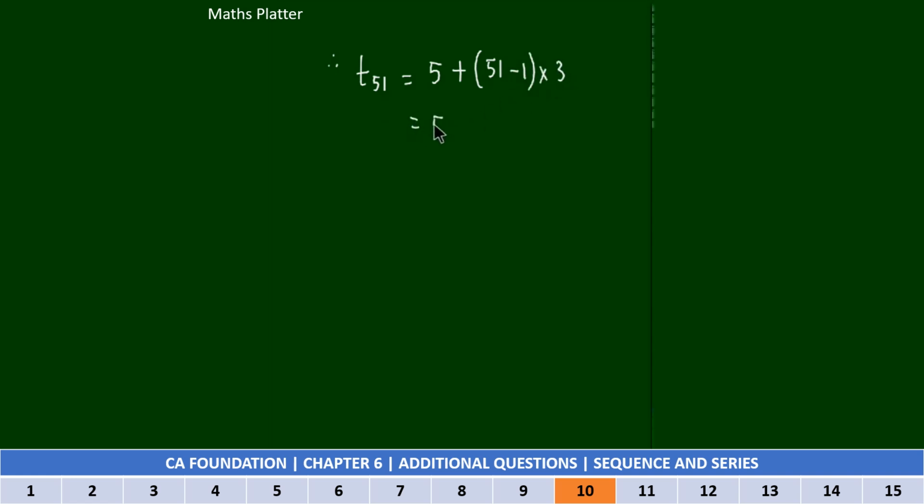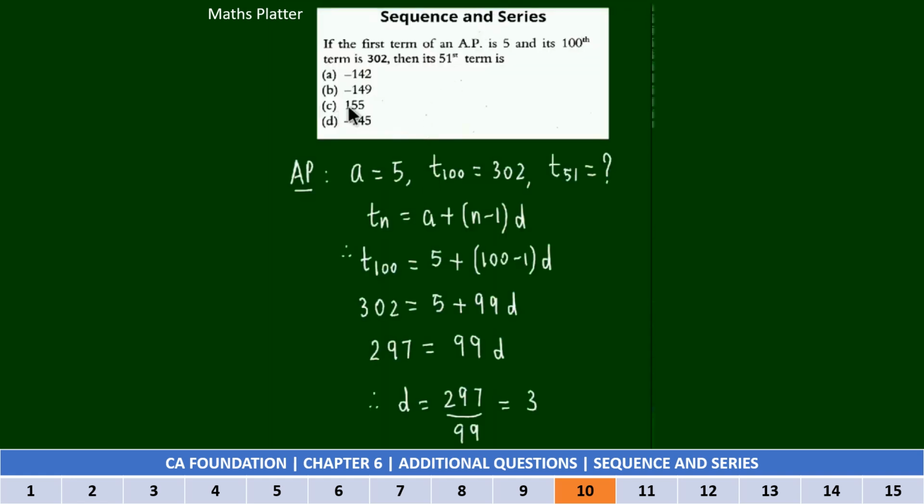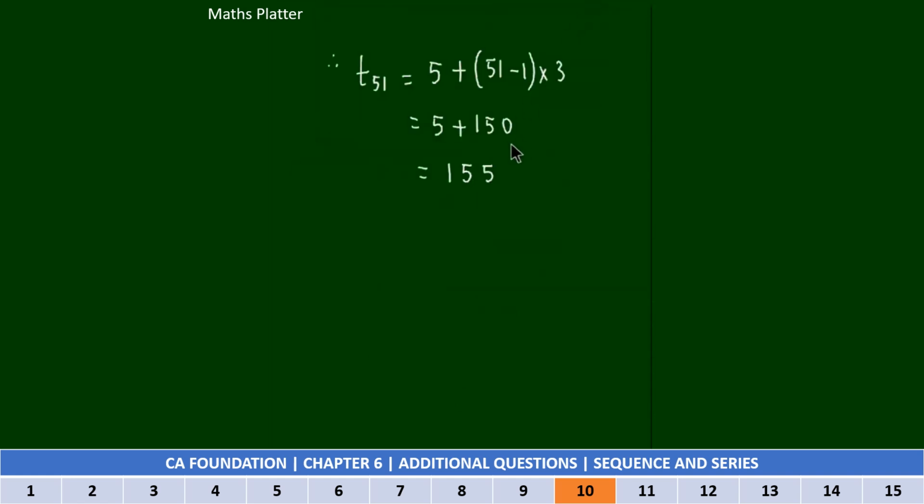So we have 5 plus, now this difference is 50. 50 into 3 is 150. So the 51st term is 155. Let us look at the options. Yes, so we have option C as the answer. So the answer to this question is option C.